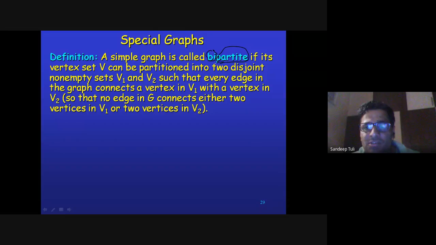A simple graph is called bipartite if its vertex set V, only V, can be partitioned into two disjoint non-empty sets, V1 and V2.